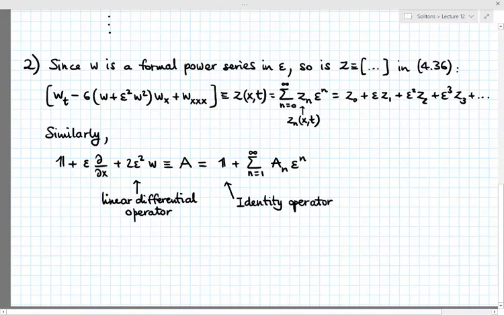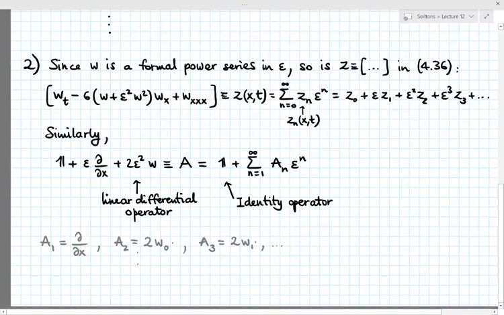So in practice, by comparing left-hand side and right-hand side, we can see that a1 is nothing but a partial derivative with respect to x, which is indeed a linear differential operator. A2 is a linear operator which multiplies by twice w naught. A3 is a linear operator which multiplies by twice w1, and so on and so forth.